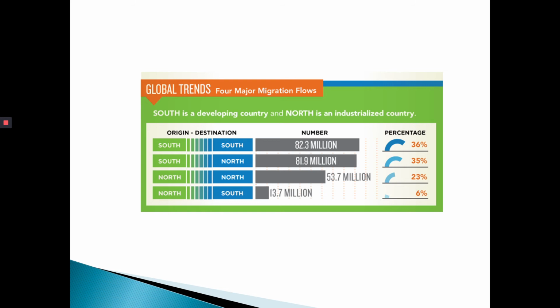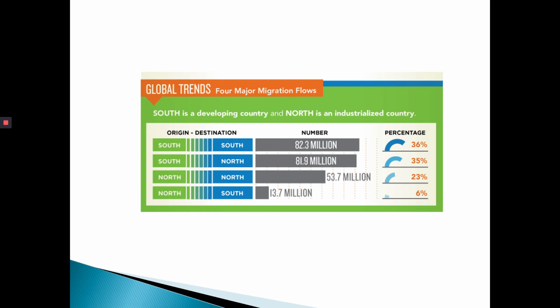Countries that are developing countries, we consider them south according to migrant flow, and industrialized countries are north. Now there are industrialized countries in the southern hemisphere. For example, Australia is an industrial and advanced economy in the southern hemisphere.